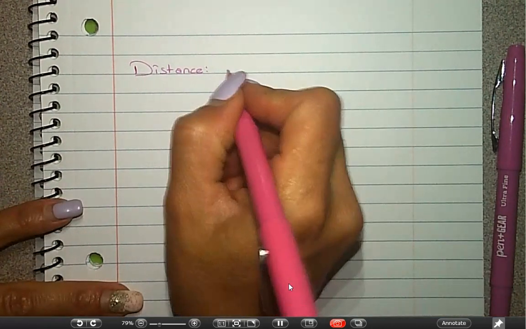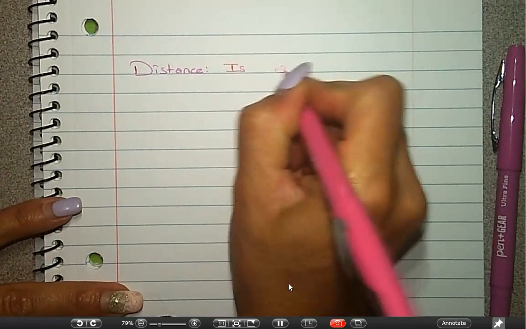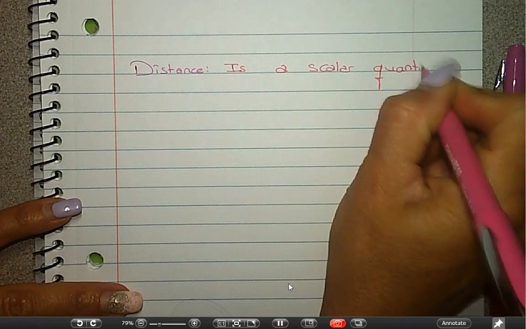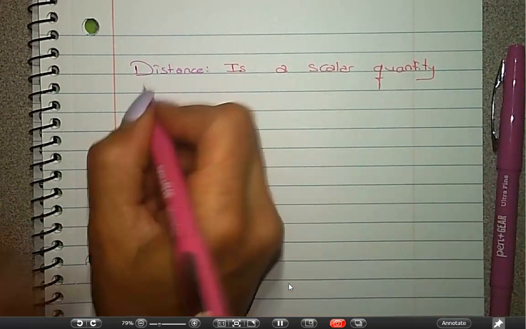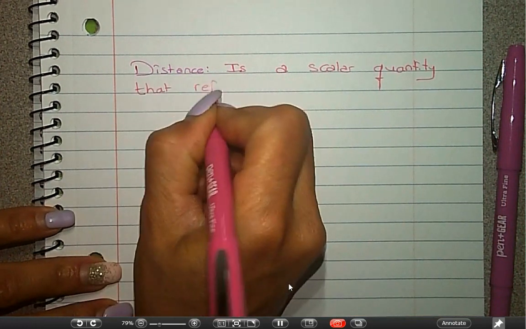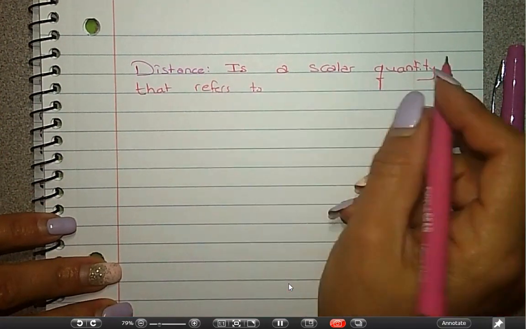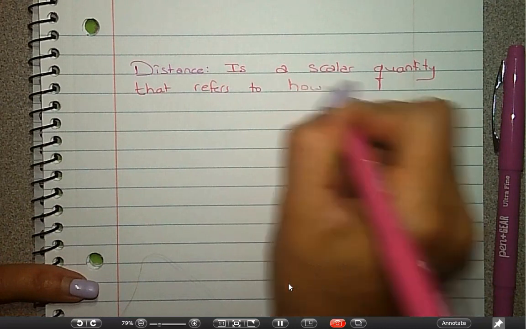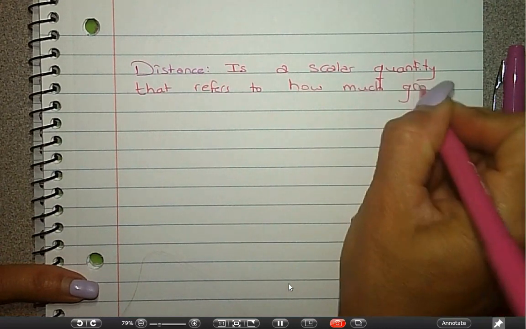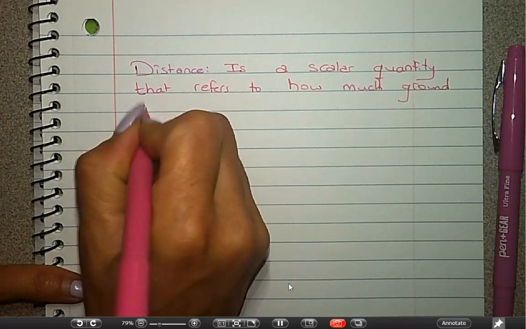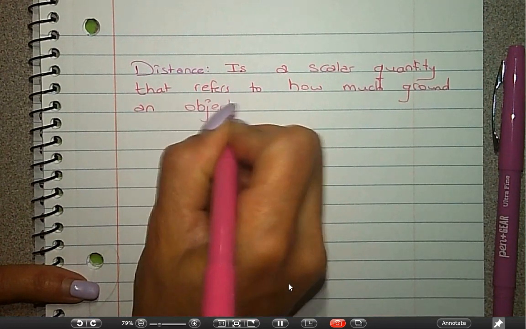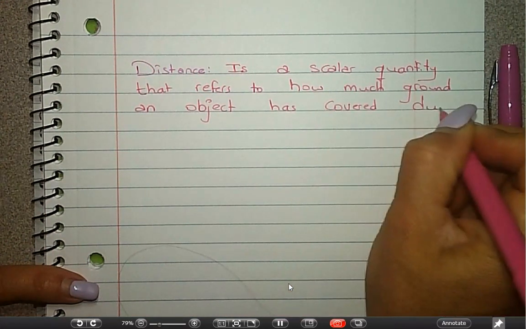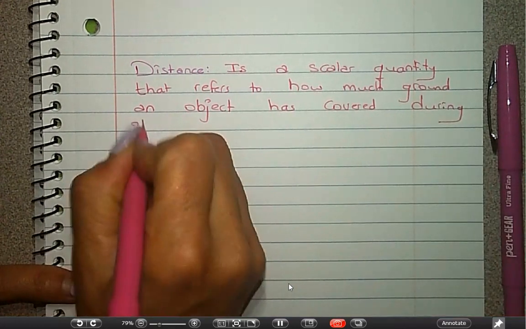So distance is a scalar quantity that refers to how much ground an object has covered during its motion.